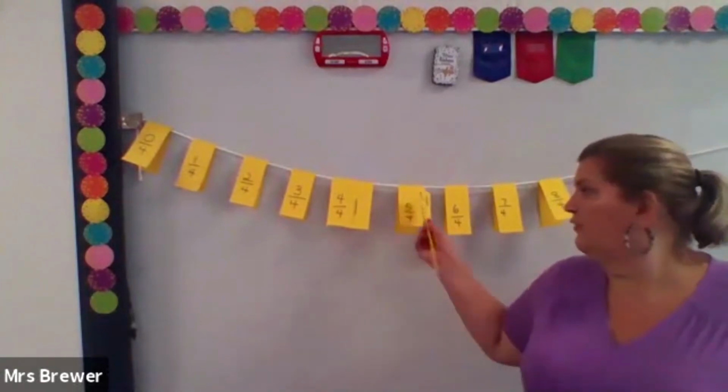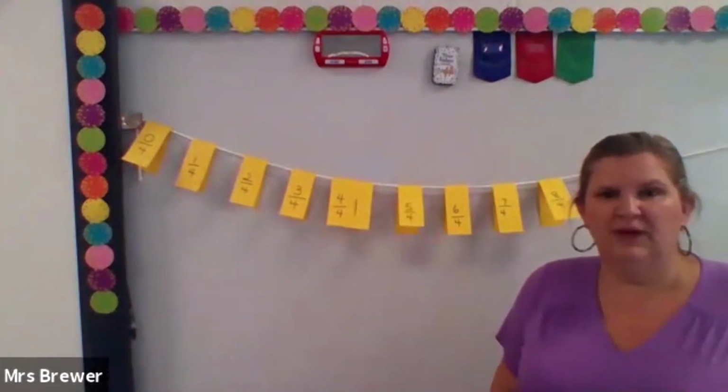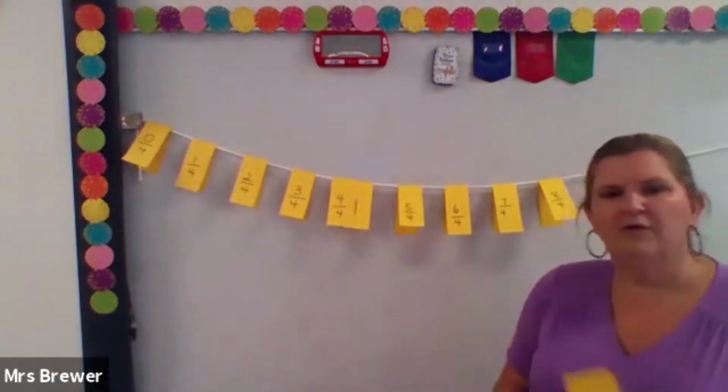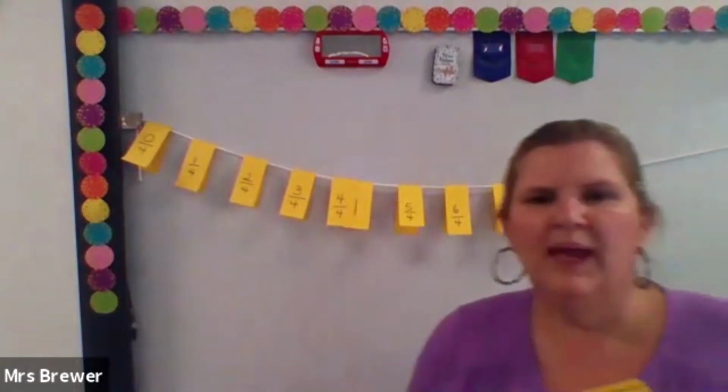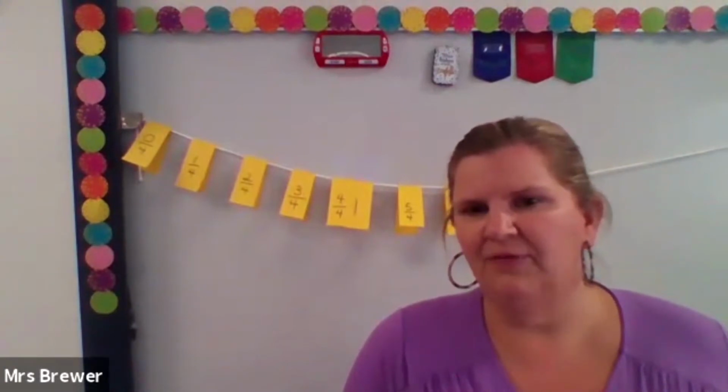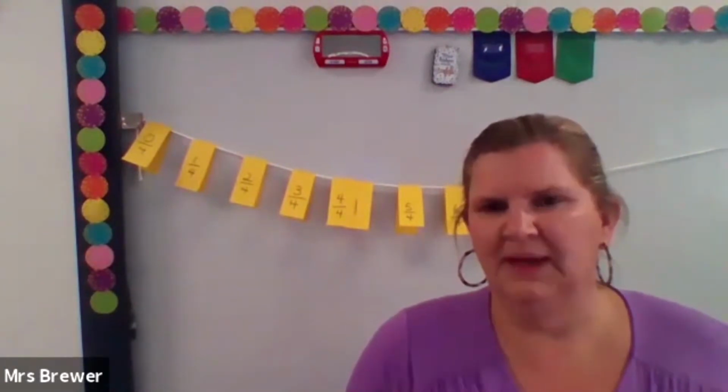Right. We got 4/4 at least and 5/4, don't we? And then how many extra fourths do we have, boys and girls? Do you know? So what would 5 minus 4 be? You're right. 1. So we would have an extra 1/4.